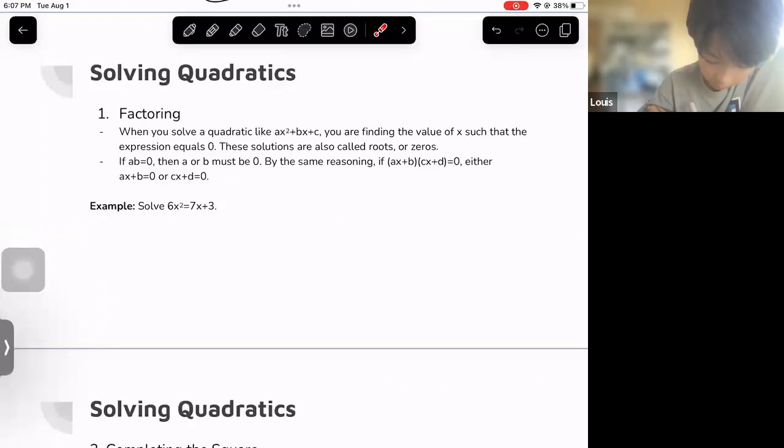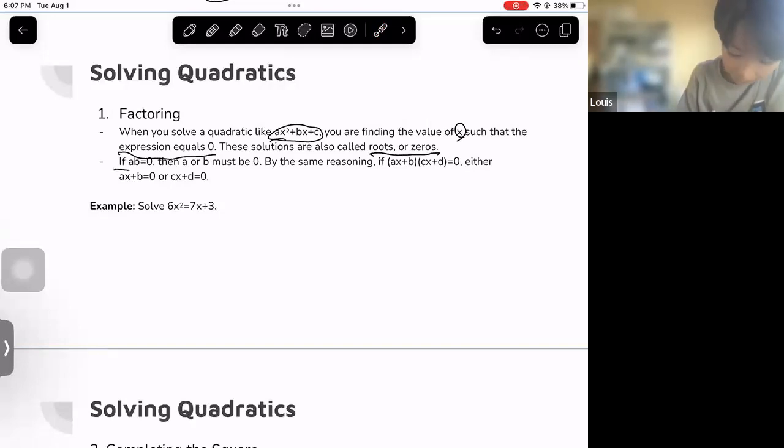When you solve a quadratic, which is like this one, you're finding the value of x such that the expression equals 0. The solutions are called the roots or zeros.